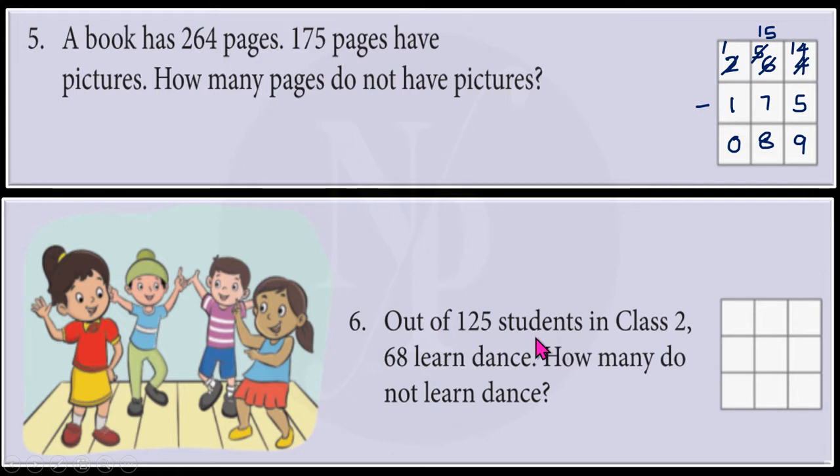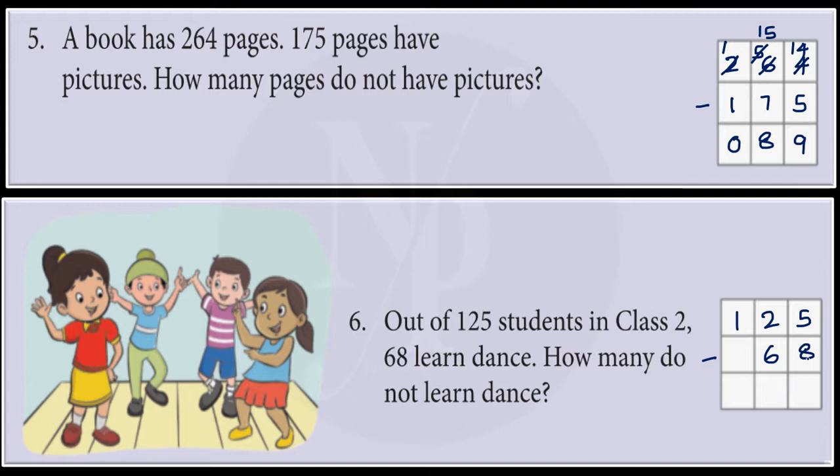Among these children, 68 are learning dance, and we need to find how many are not learning dance. So to find that we have to subtract 68 from 125. So we write down the numbers in this table here. 125 minus 68.